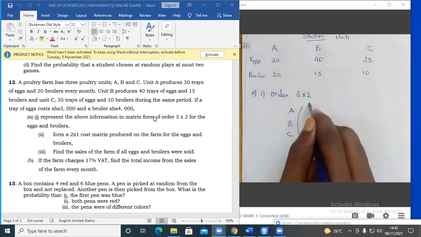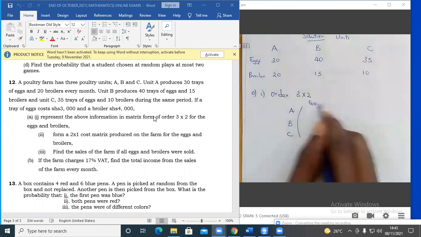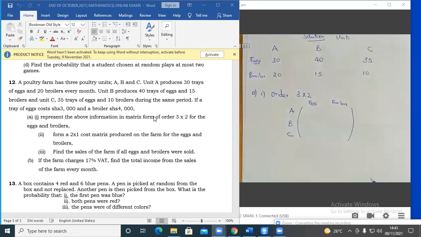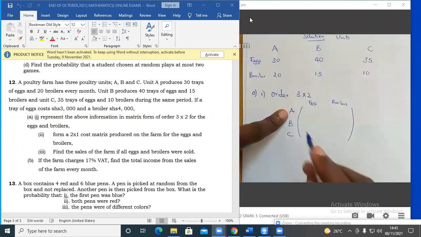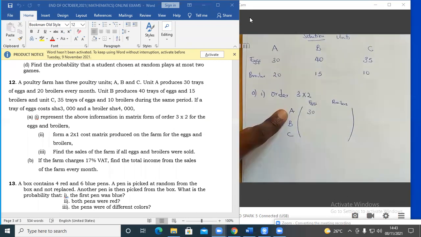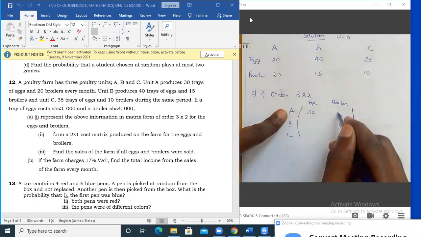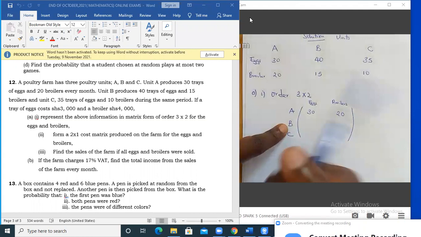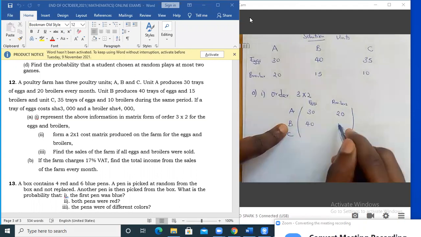These are eggs, then broilers. Unit A produces how many trays of eggs? 30. What about broilers? 20. Come to B. 40 eggs, 15 broilers.